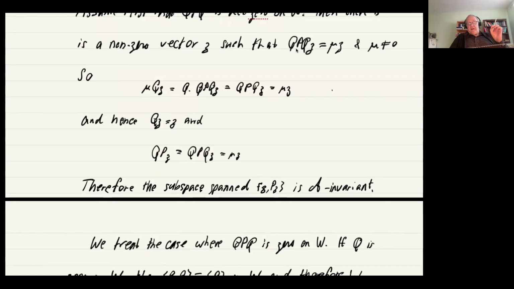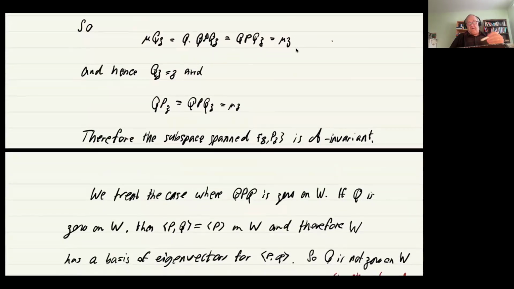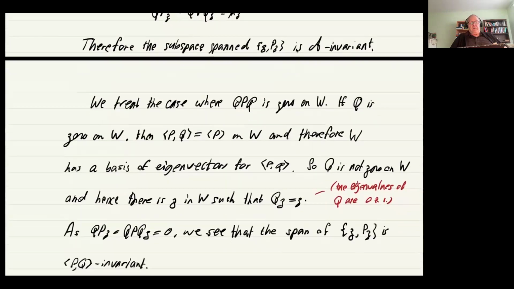So we have ourselves a subspace which is invariant under the full algebra generated by P and Q. Every linear combination of products of P and Q leaves this two-dimensional subspace invariant. Therefore we can represent P and Q by two by two matrices, and as I said, we can compute eigenvalues and eigenvectors of two by two matrices without any great trouble. So if QPQ is not zero, we've got ourselves a two-dimensional invariant subspace.